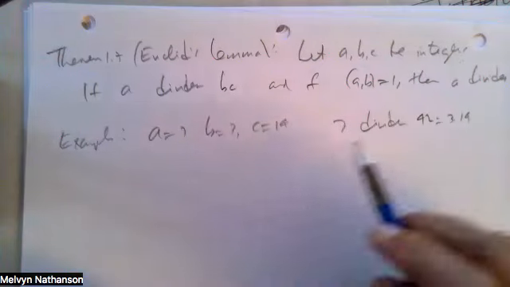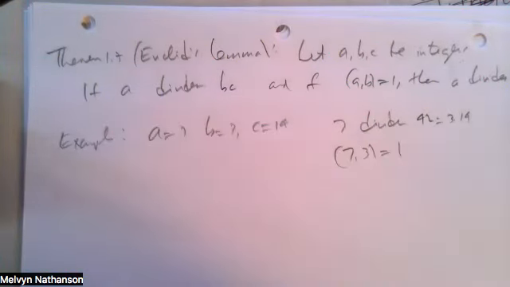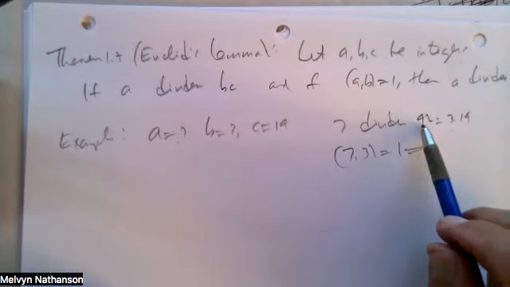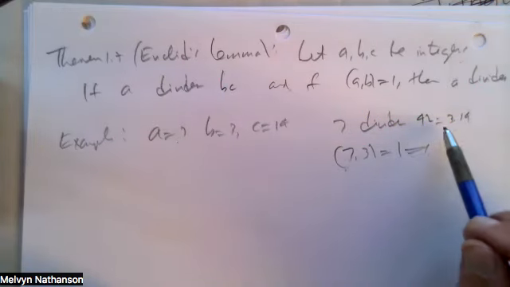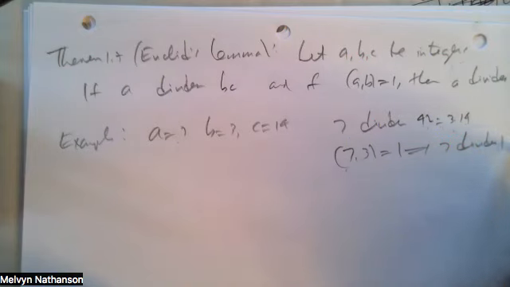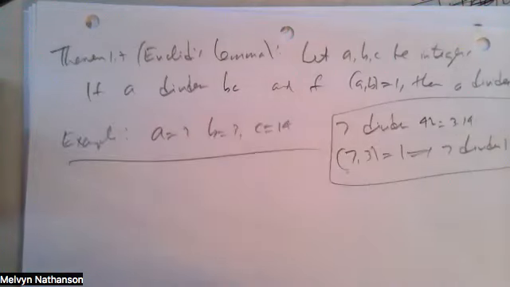A and B are relatively prime. The greatest common divisor of 7 and 3 is 1. So if 7 divides 42, which is 3 times 14, but 7 is relatively prime to 3, 7 divides 14. This is an example of what Euclid's lemma says.